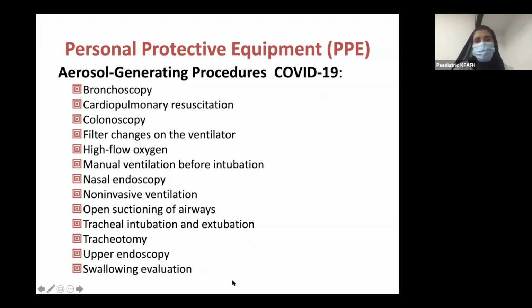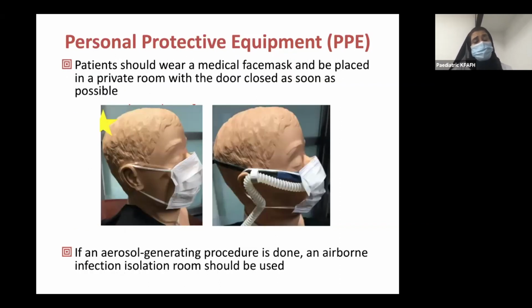They are all considered aerosol-generating procedures, and in this case, we need to wear our N95. Your patient should not wear an N95, they should wear a surgical mask. And even if they require oxygen or CPAP, you can still put the mask on them, and that would decrease the spread.